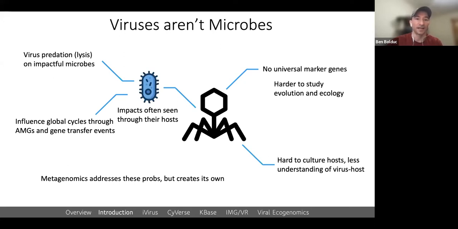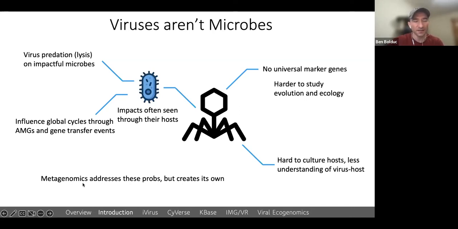And then you might have nitrogen, sulfur, and carbon cycling that are regulated through microbial processes. If viruses are killing them, that's going to affect things at the global scale.